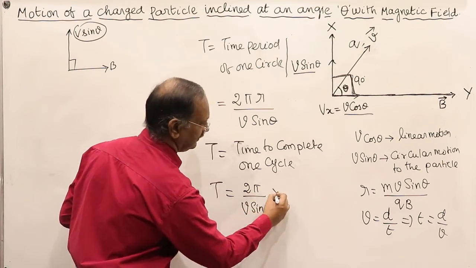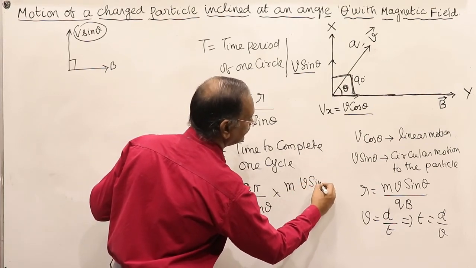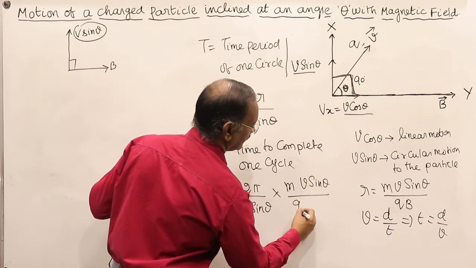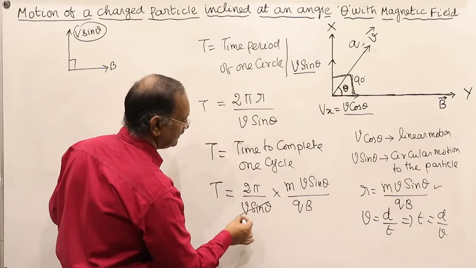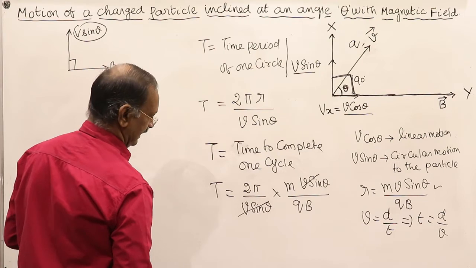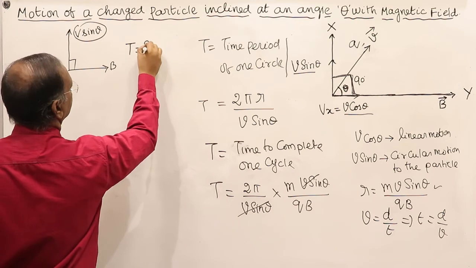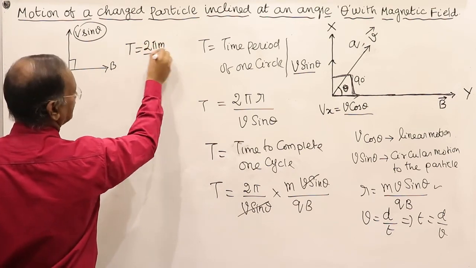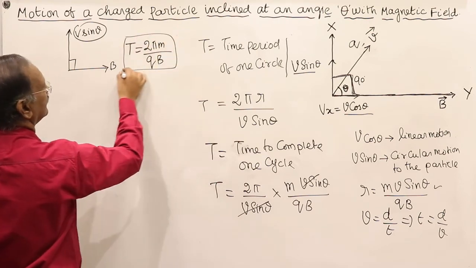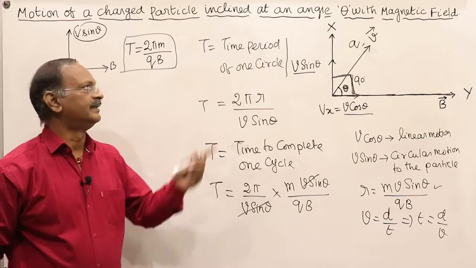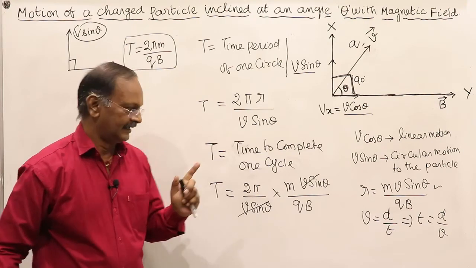We know the value of r: r is equal to m into v sin theta divided by q into B. So v sin theta gets cancelled. Therefore the time period is equal to 2 pi m divided by qB. This is the time period for one revolution. 2 pi m by qB is the time taken for the particle to complete one cycle.